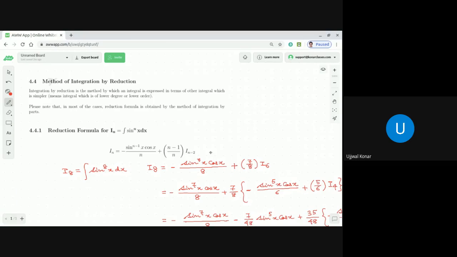Here it is a lower degree or lower order. We'll come to that one later. Please note that in most cases, the reduction formula is obtained by the method of integration by parts. As I said a minute back, I'm just reading out whatever is in the theory note. Clear, na?